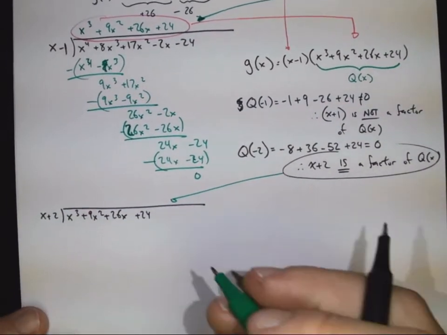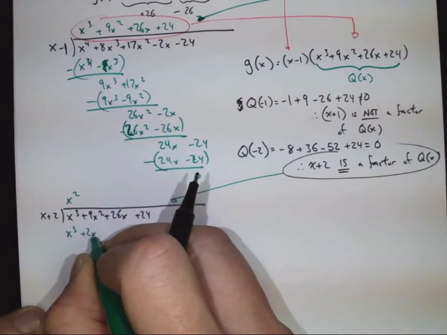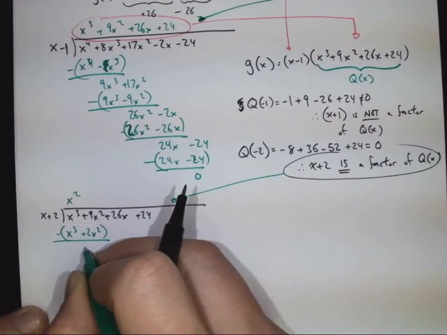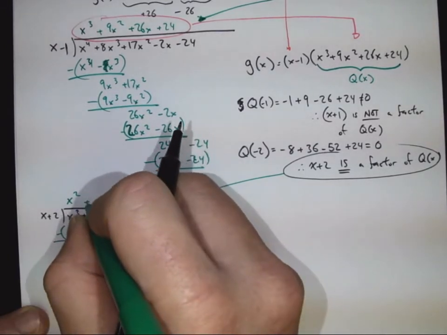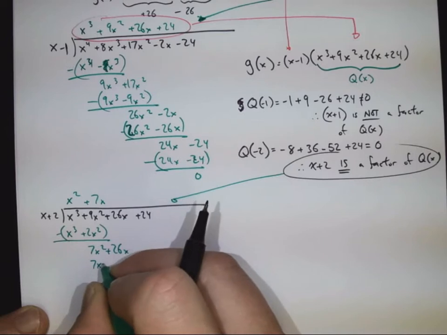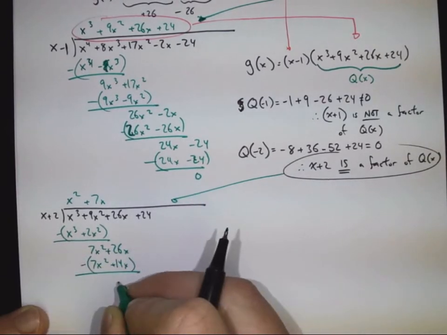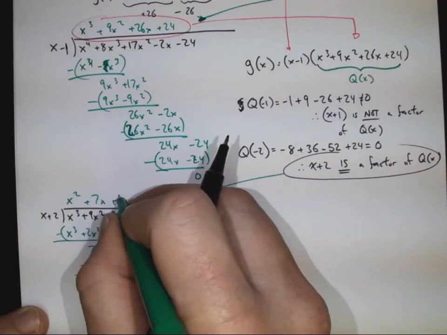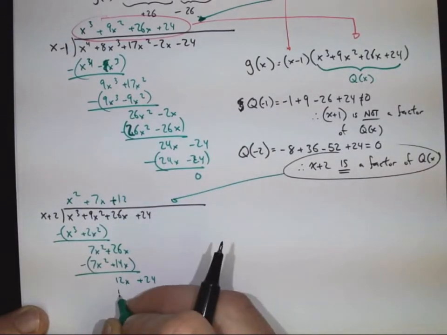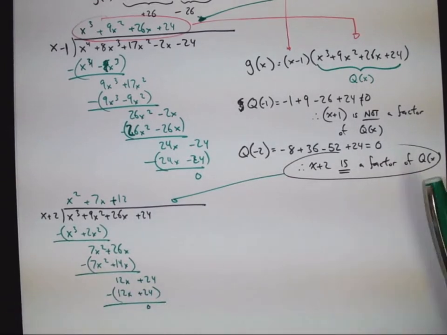All right, I'm going to run through this pretty quick. x squared, x cubed plus 2x squared. Take away, 7x squared plus 26x, plus 7x, 7x squared plus 14x, 12x plus 24, plus 12, 12x plus 24. Take away, we get 0. Okay.